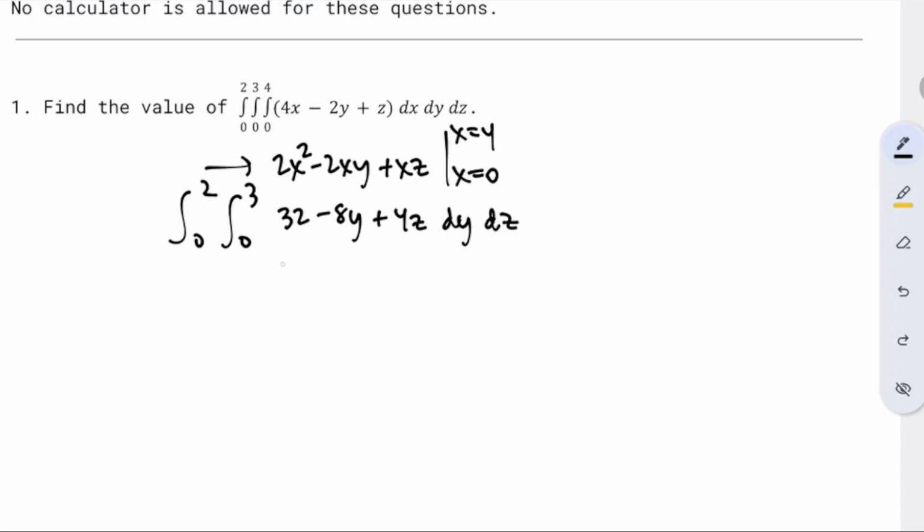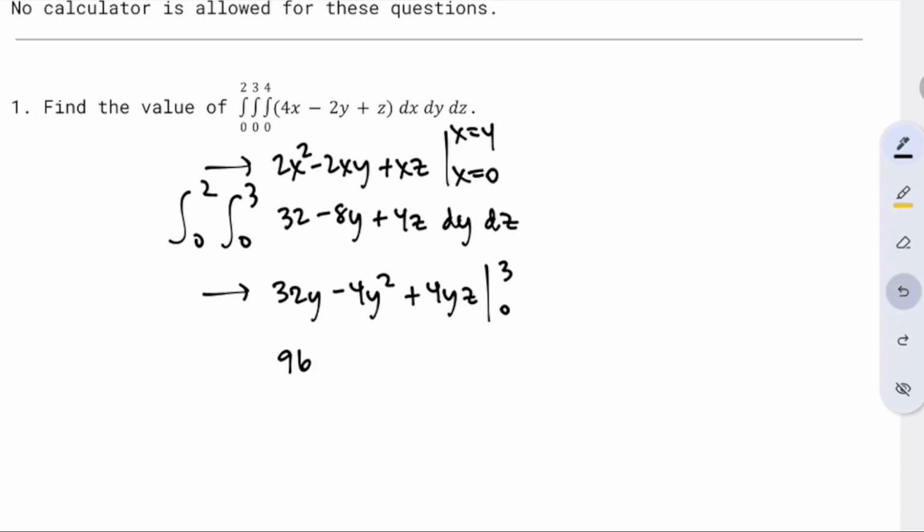Okay, with respect to y, I got 32y minus 4y squared plus 4yz, y going 0 to 3. They all have y in them, so when y is 0, that'll be really nice. When y equals 3, I'll have 96.